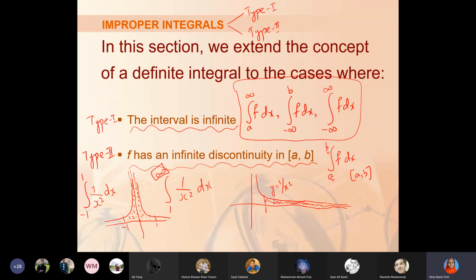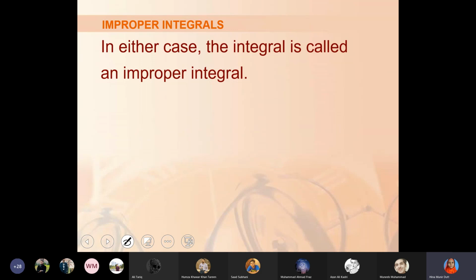That is, the x-axis is the asymptote in a type 1 improper integral, and in a type 2 improper integral, the y-axis is the asymptote to the curve. Okay, now this is your definition of improper integral.